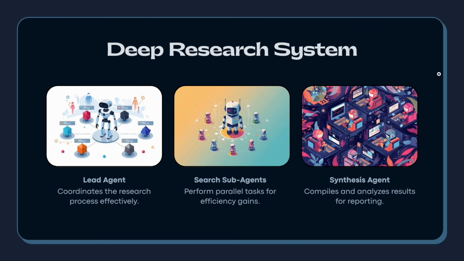So here it's an orchestrator pattern. You will have a lead agent. It receives the query of the user, what they want the research on, creates a research plan, and spawns sub agents. These are known as search sub agents. Each one researches a different angle in parallel.